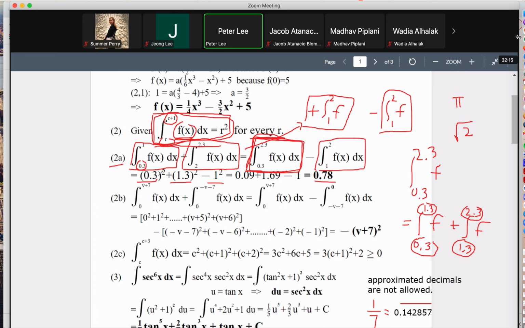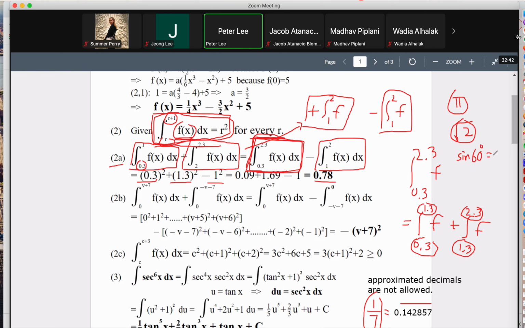In fact, many of you did give me the answer in fractions, and that's okay. But what I'm saying is, when you get numbers like 1/7 or square root of 2, or pi, or let's say sine of 60 degrees, if you convert them into decimals, that will be a mistake.